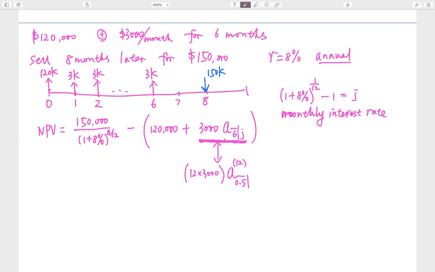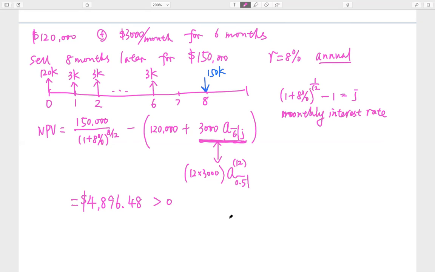Once you do all the analysis, you will get the NPV is about, what is the amount? After you do all the analysis, it's about $4,896.48. Okay, this is positive. That is good news.